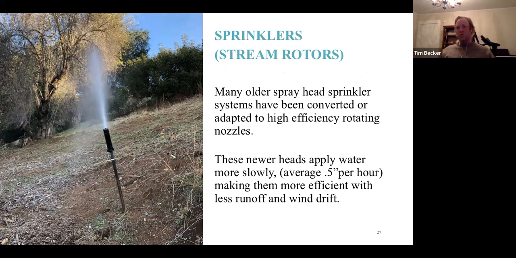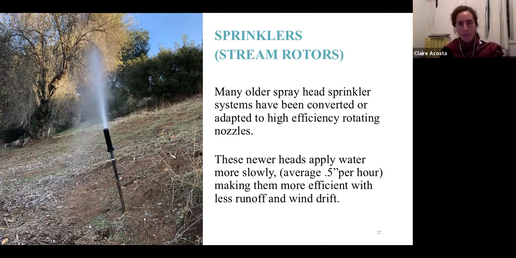And once you get to drip, it's like 99%, because you have zero loss through evaporation. Right. And because of this droplet size, these are almost mimicking the rain a little bit more, because it's a larger droplet falling from above.